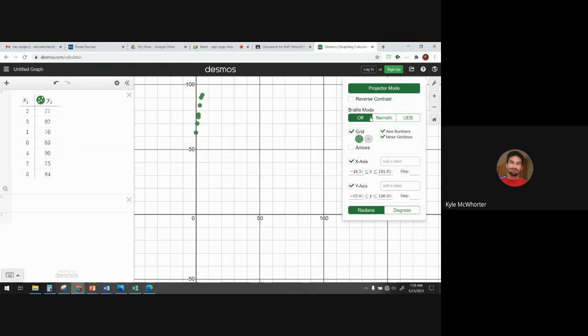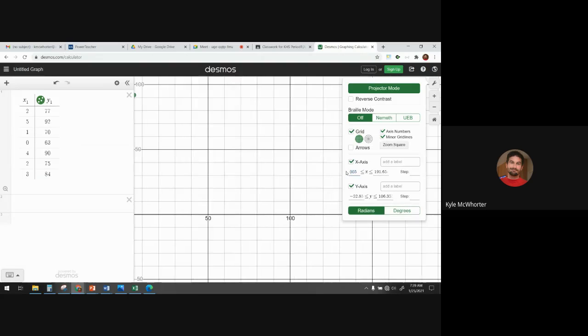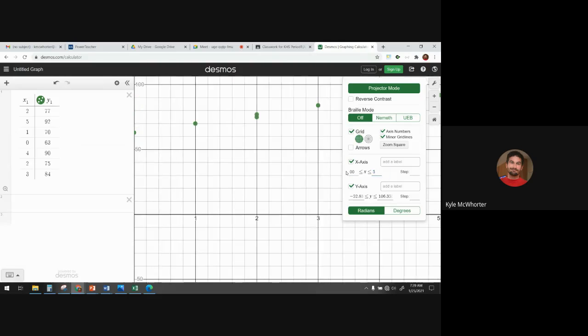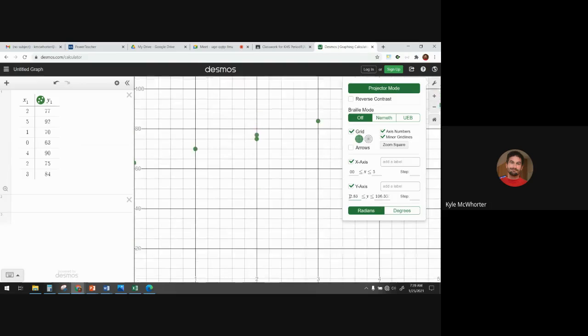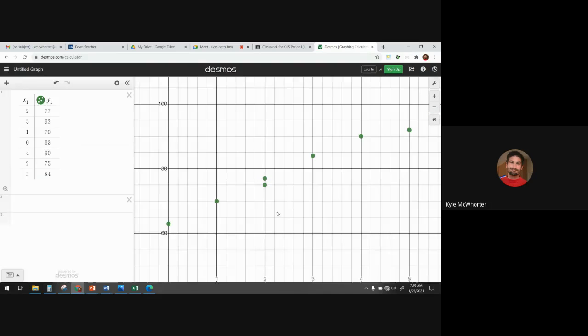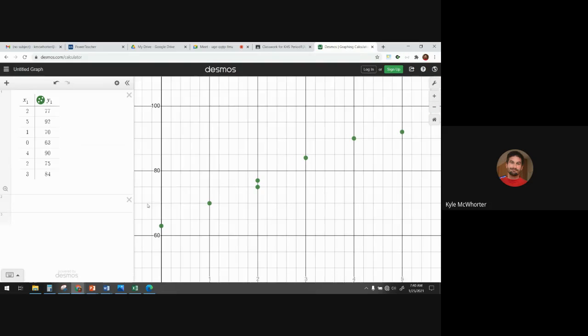My x values go from 0 to 5, so I'll set x values from 0 to 5. My y values are going to go from 50 to 100. And now that gives us a better view of our scatter plot.